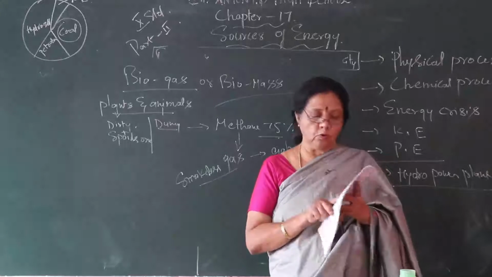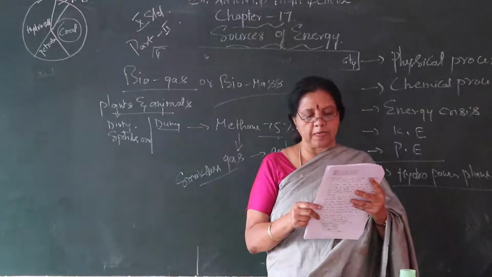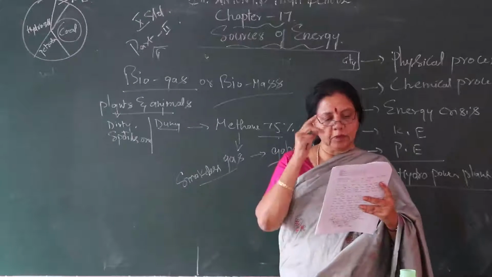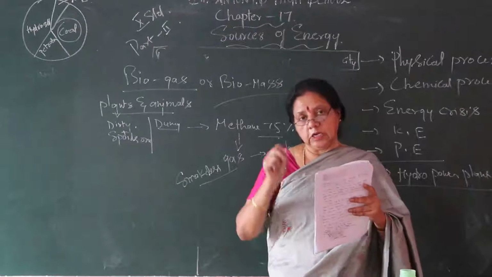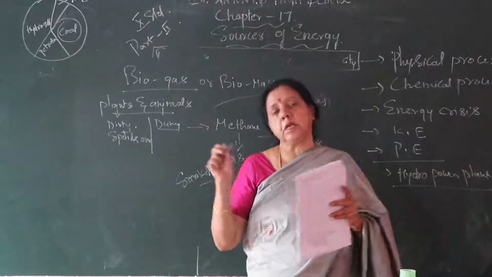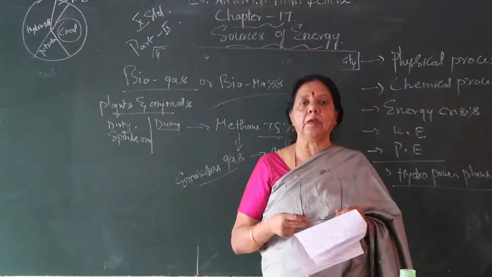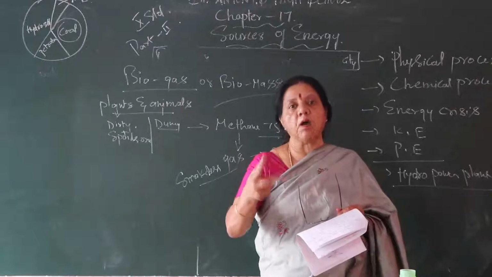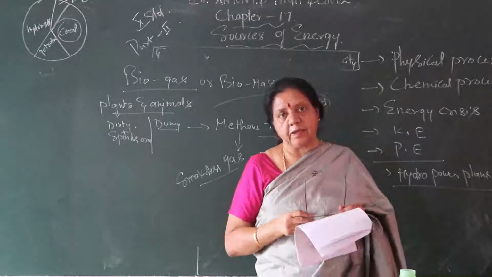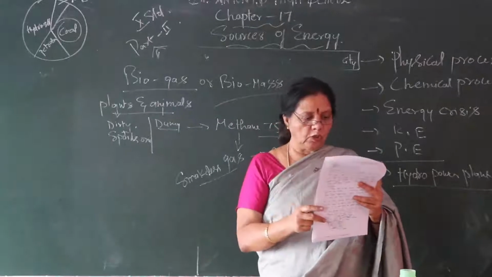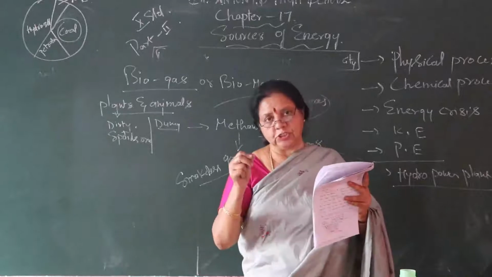You go through it. Now the biogas plant is a dome-like structure built by bricks. A slurry is nothing but the dung and mass we have to put inside that. So that is a digester, a sealed chamber.